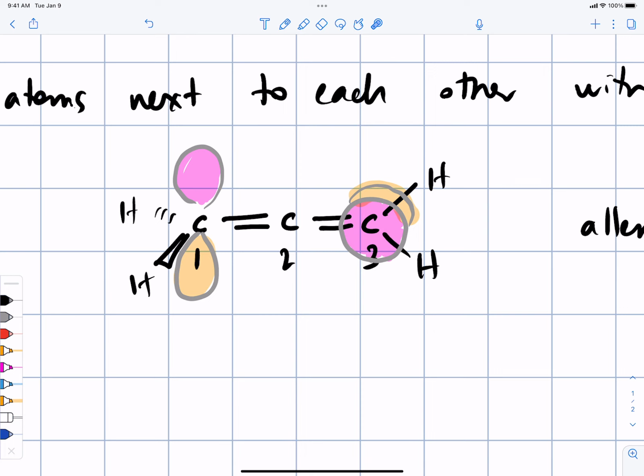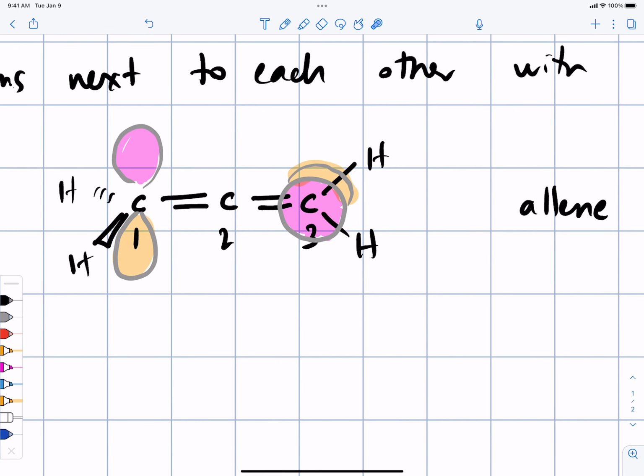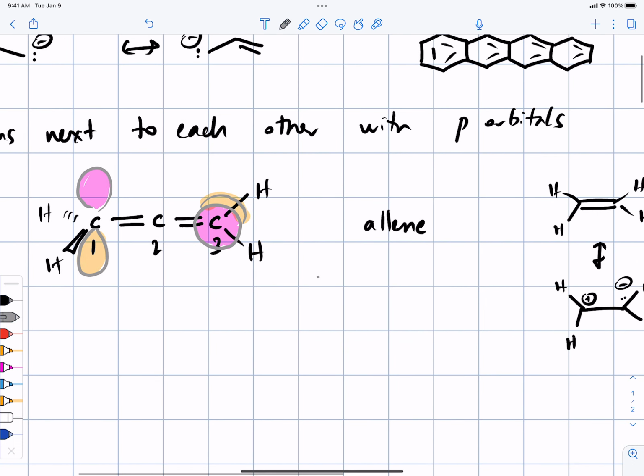Go ahead. Because the nodes have to be lined up to share electron density. Okay, what has to be lined up? Like the matching wave function sign. Okay. Right. Orbitals that are orthogonal to each other, orthogonal orbitals don't interact. That word orthogonal is confusing.